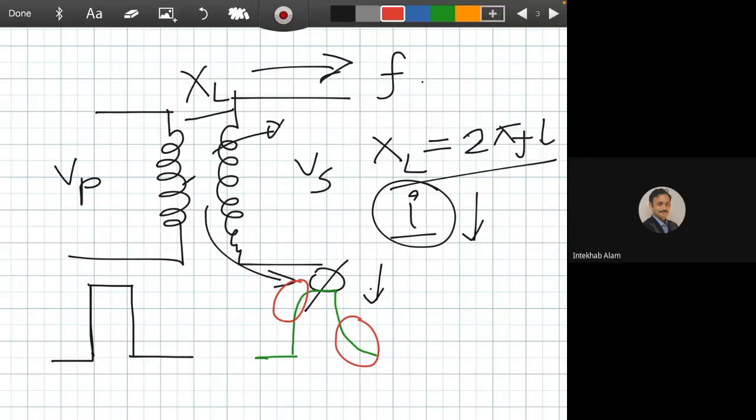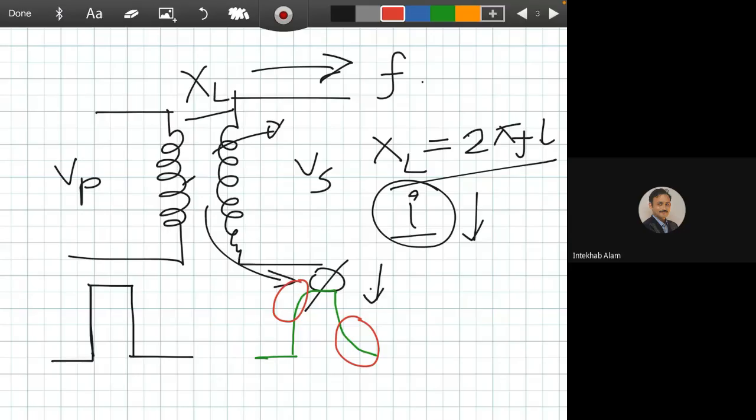You may also have seen the mobile charger. There was no mobile charger like this one, a semiconductor charger. Those were with transformers. Have you ever heard the term adapter? An adapter actually means a step-down transformer, which steps down the input voltage to 9 volt, 6 volt, or even 5 volt.